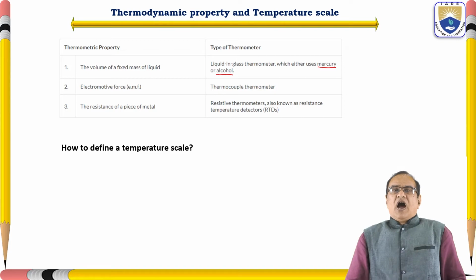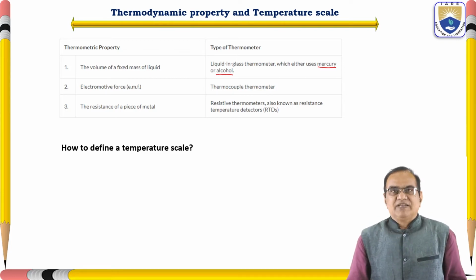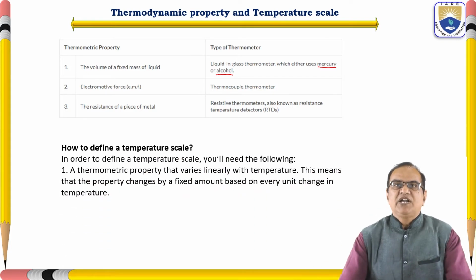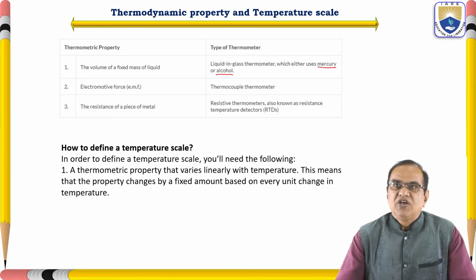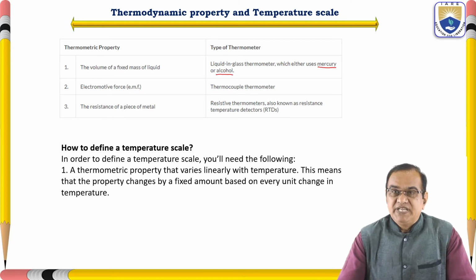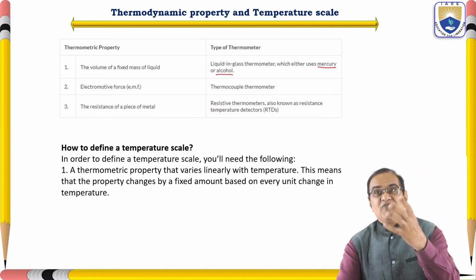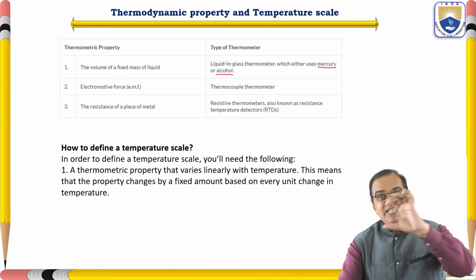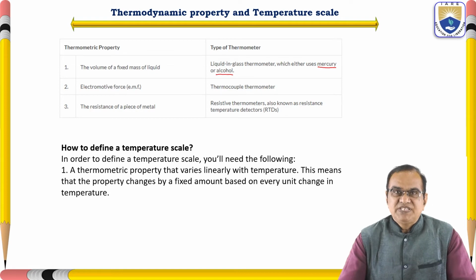So how do we define a temperature scale? In order to define a temperature scale, you will need the following. Number one, a thermometric property that varies linearly with the temperature. Any property like volume or pressure, anything that is linear with the temperature. This means that the property changes by a fixed amount for every unit change in temperature.